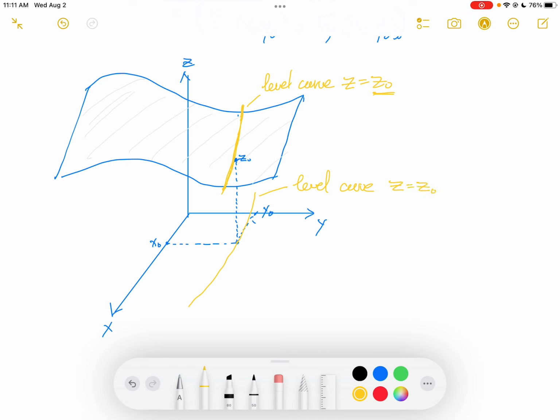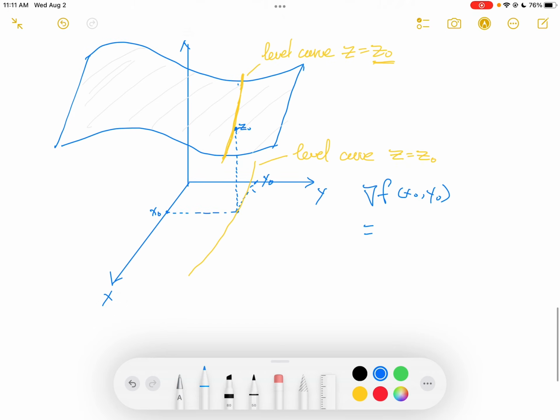And then basically the gradient vector of f at x0, y0, which equals the vector of the partial derivative f sub x at x0, y0, and f sub y at x0, y0.